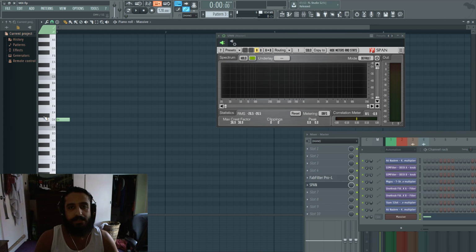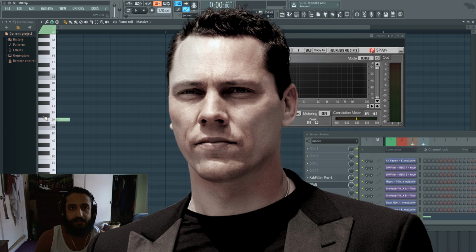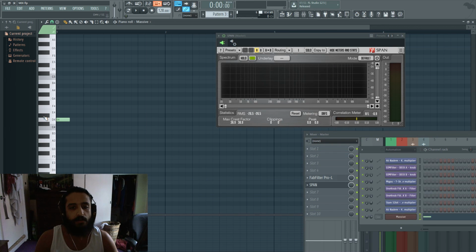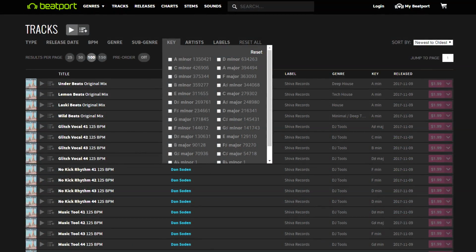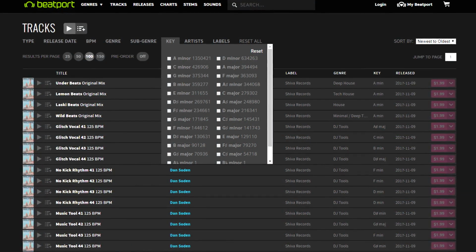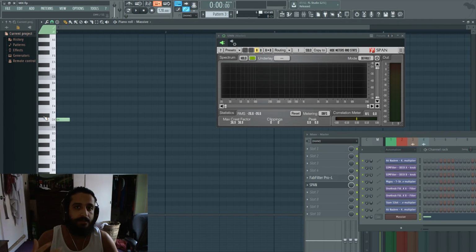But most EDM tracks, big room tracks, guys like Fedde Le Grand, Tiesto, Hardwell, if you guys are making tracks to emulate or reference them, just hop on a site like Beatport. Beatport.com will show you the harmonic keys. You can check the different keys and see what keys their tracks are in.